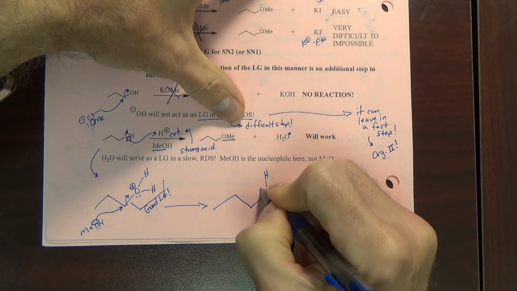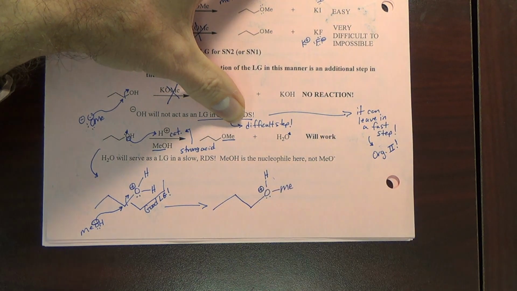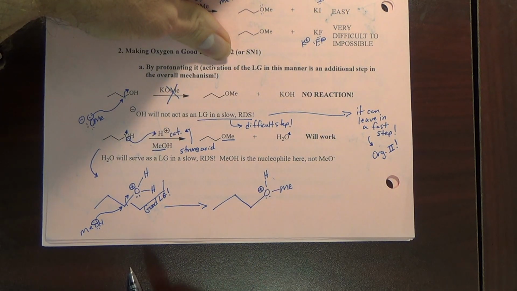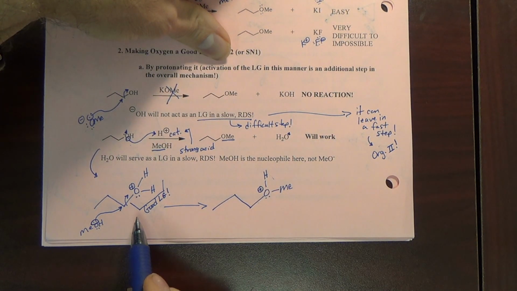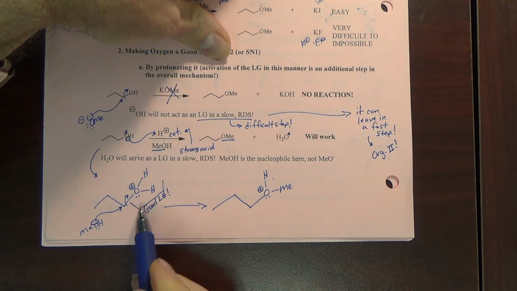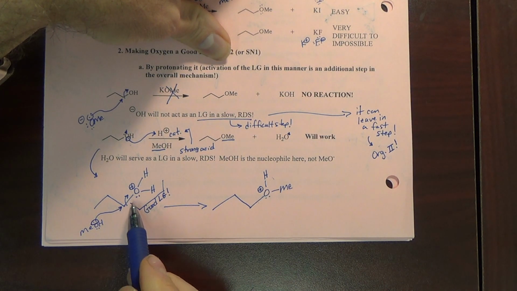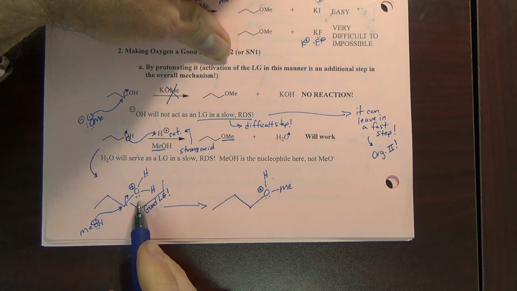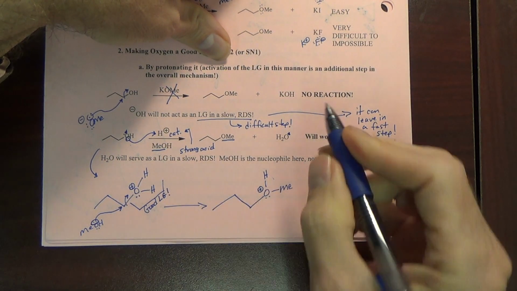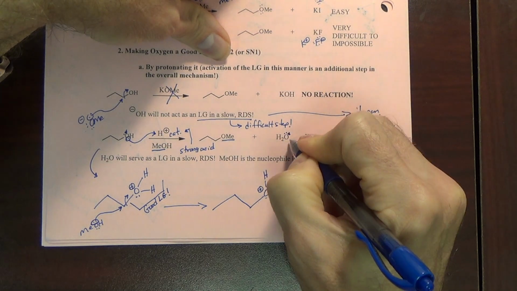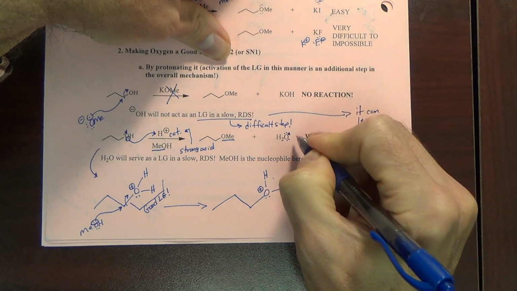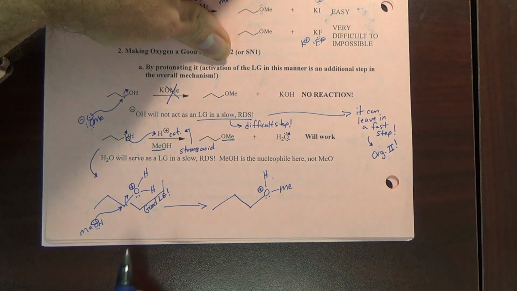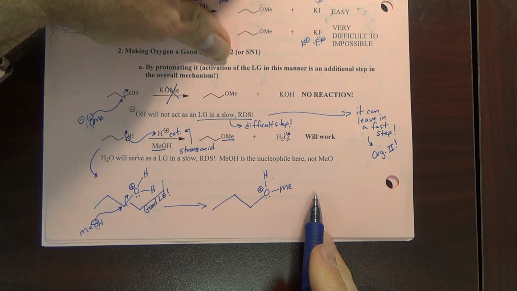That oxygen now is positive. But what was the leaving group here? What actually left? And the answer is water. H2O, 1 lone pair. This arrow gives the oxygen its second lone pair back. And there's water. I'm not going to redraw that here.